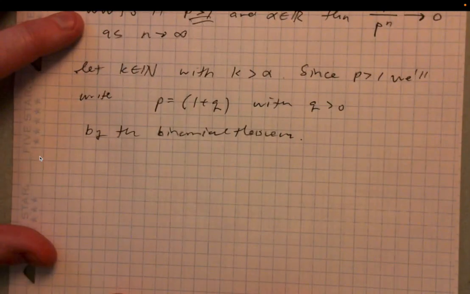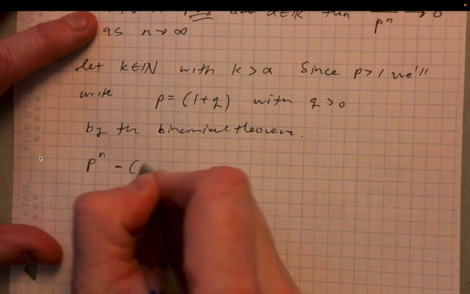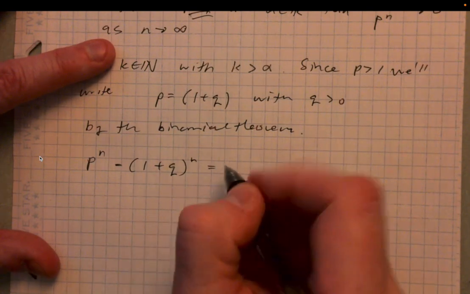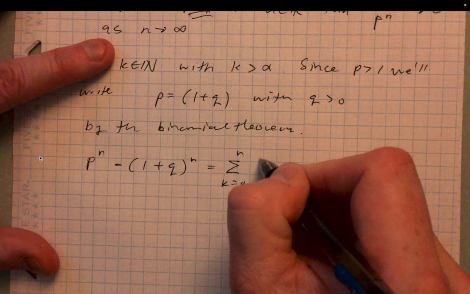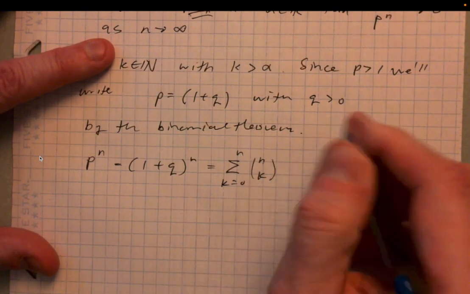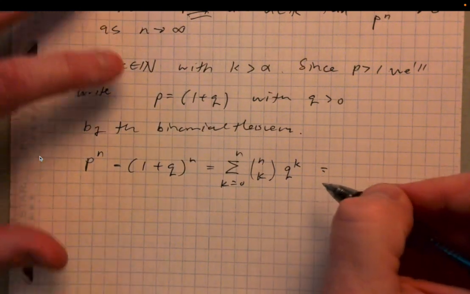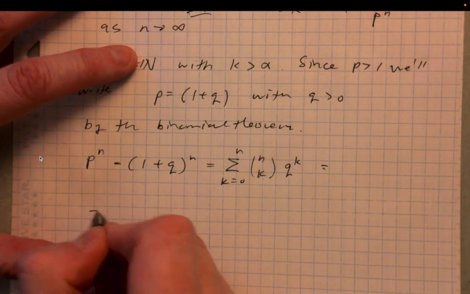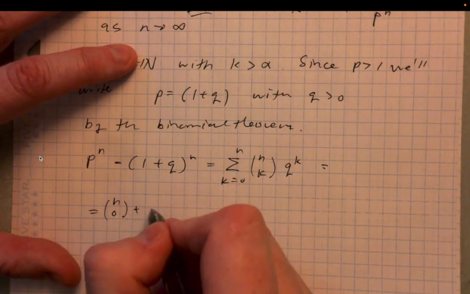So by the binomial theorem, p raised to the nth power is equal to (1 plus q) to the nth power, which is equal to the sum from k equals 0 to n of n choose k, q to the k. And I'm going to write out some of these terms here again. These would be n choose 0 plus dot, dot, dot.